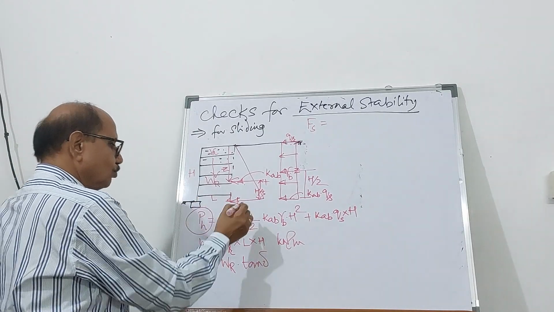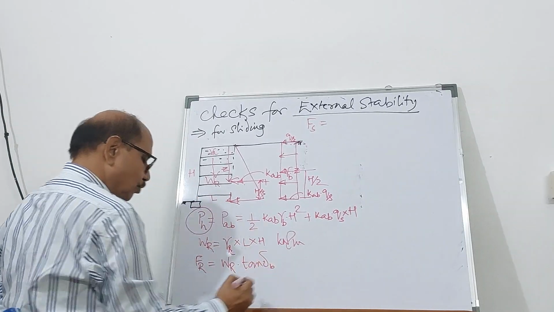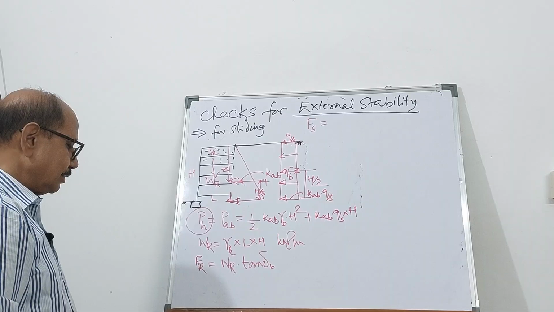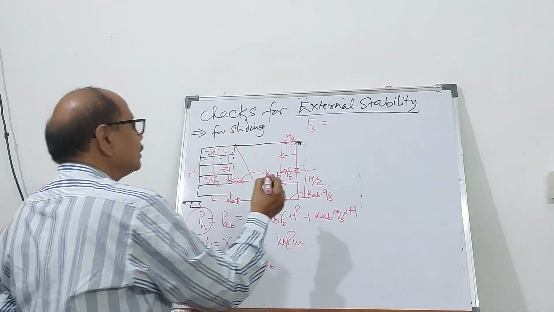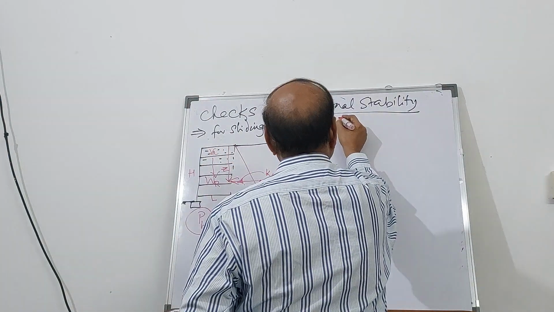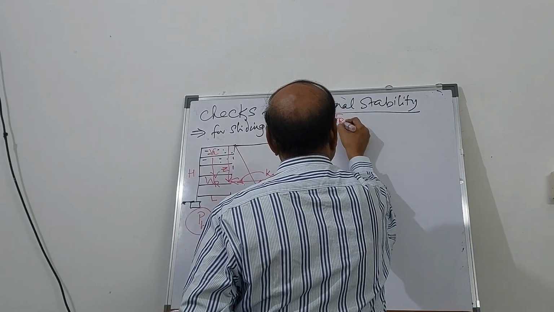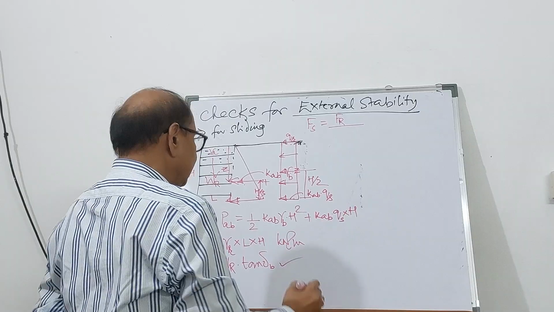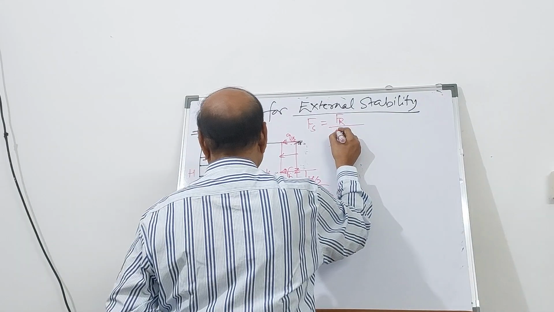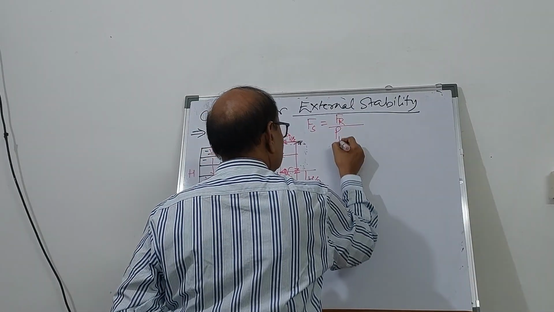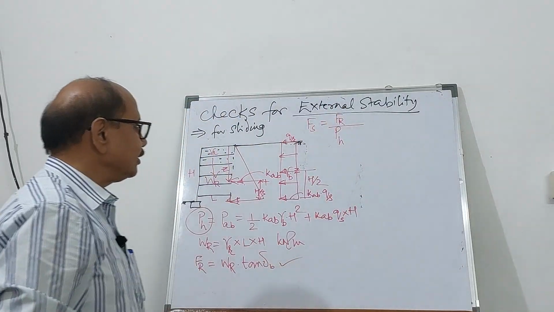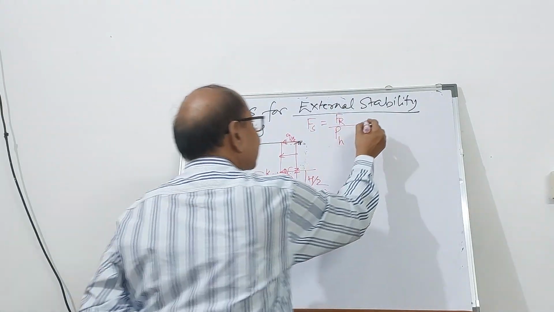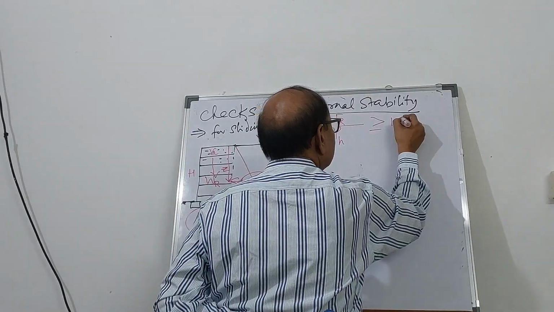What is the delta at the base? Therefore, the factor of safety is the resisting force which you have calculated divided by PH, the horizontal force, and this should be greater than or equal to 1.5.